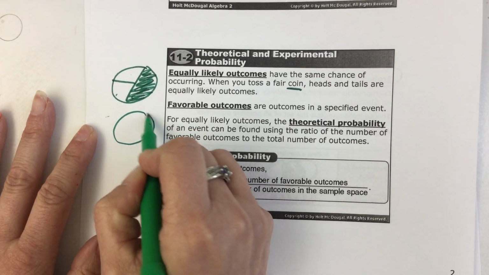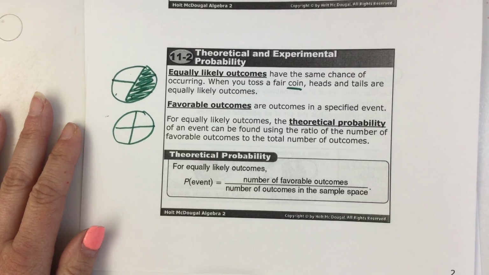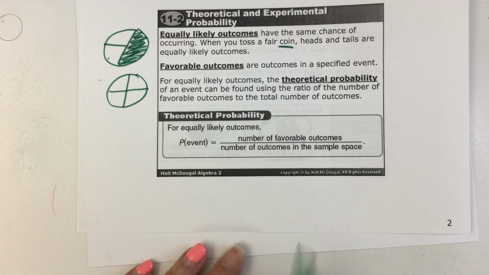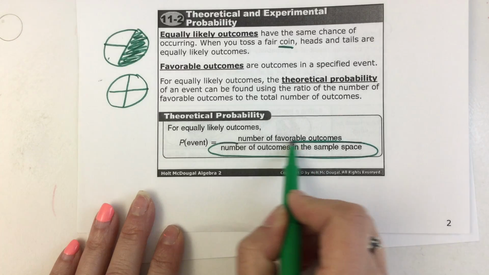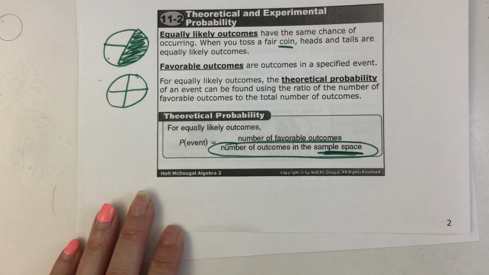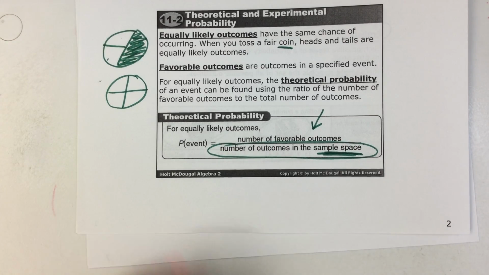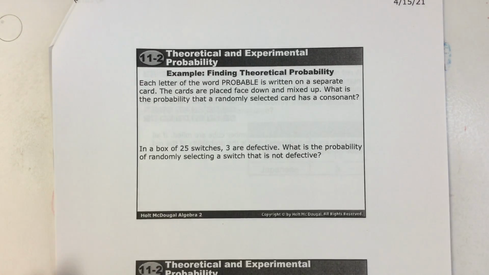But if you have a board game spinner and all 4 sections are the same, they would be equally likely. So now when we're going to probability, you start off with a fraction. The number of possible outcomes, that sample space, is your denominator. What you're looking to happen goes on the top. Your probability is always written as a fraction, a decimal, and then a percentage.